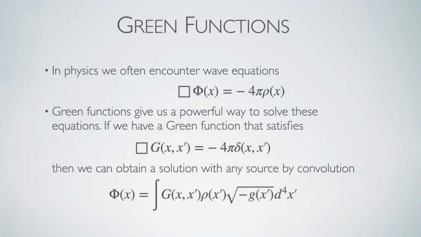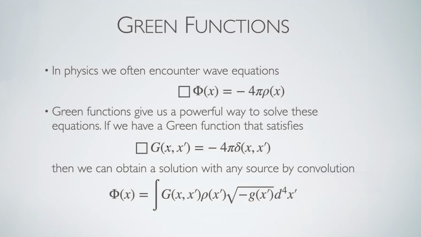Now, just to introduce the idea of a Green's function, these are things we encounter in physics all the time. We deal a lot with wave equations. Here's the scalar wave equation: box of some scalar field phi is equal to minus 4 pi rho, where rho is the source. One way we can solve this equation is by using the Green's function.